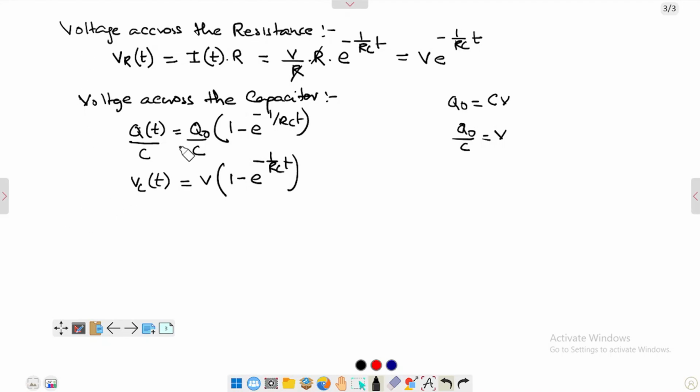Now we will find out the value of the voltage across the resistance, the charge, and the current at time t equal to RC. So I will take the time at t equal to RC. We will see that t equal to RC is called the time constant of the circuit.